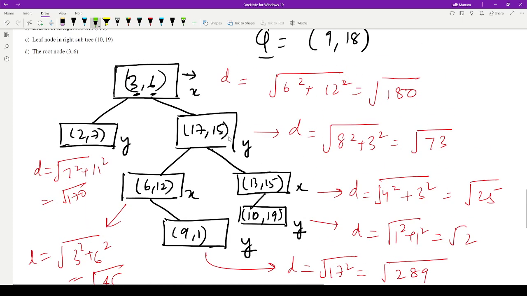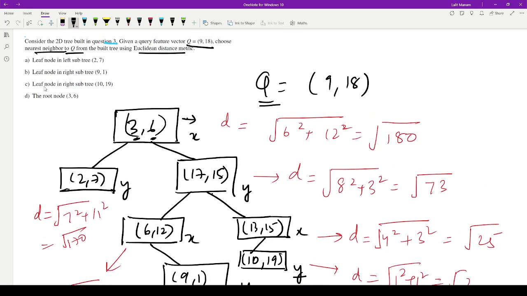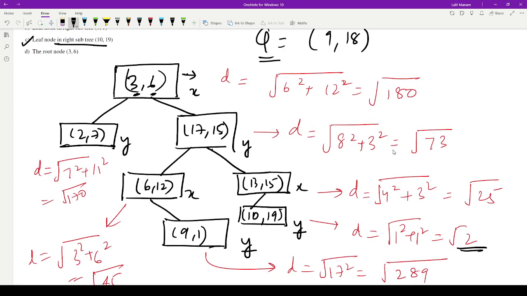So given these, what is the minimum distance? Which feature vector matches very closely to the query feature vector q? (10, 19), because this has the minimum distance. So it's the leaf node in the right subtree, (10, 19).